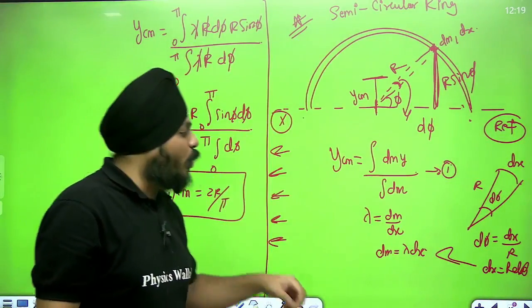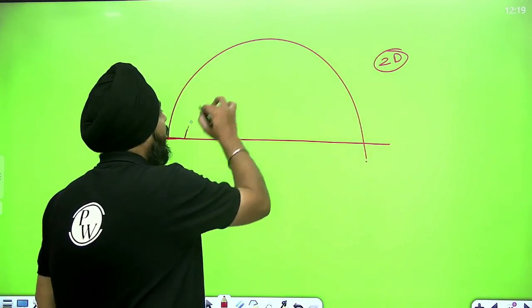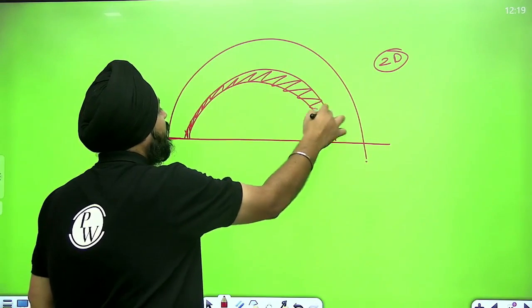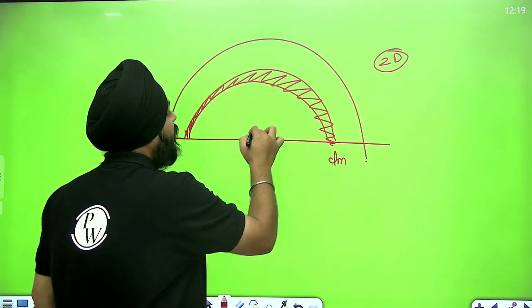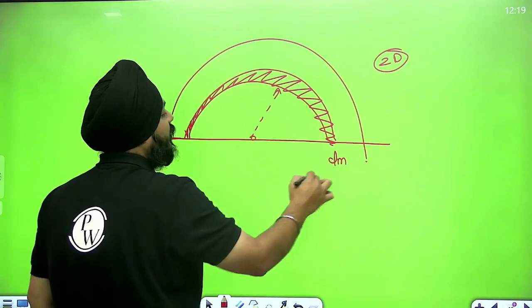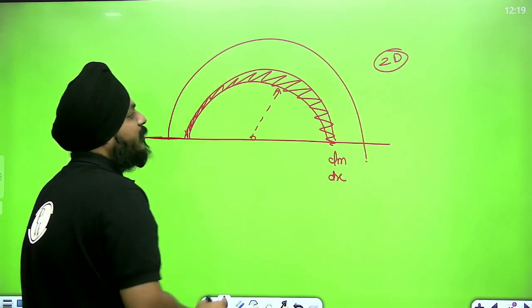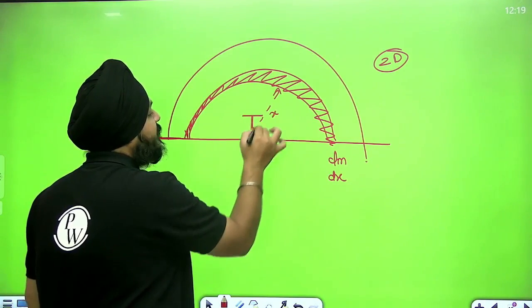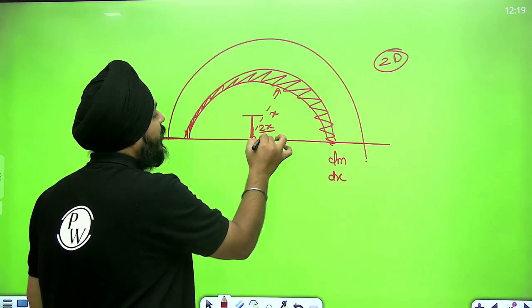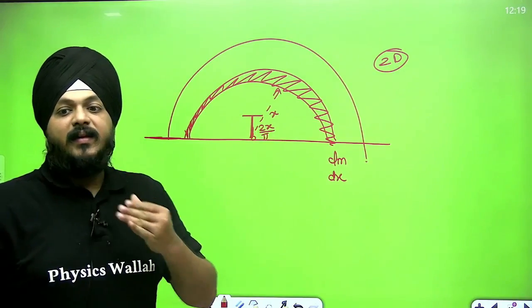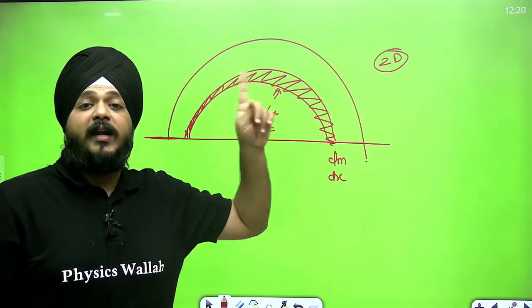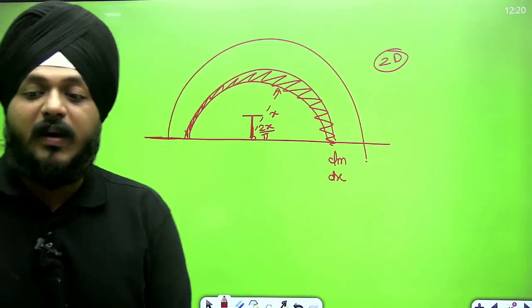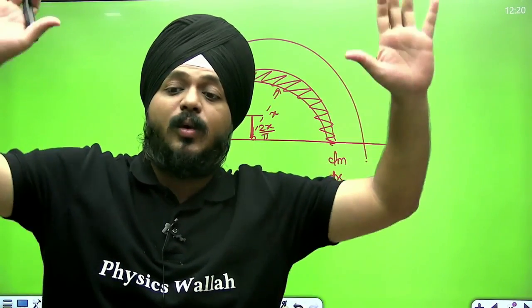So we are going to take the elemental mass as a ring of mass dm and width dx. The center of mass of the ring of radius x is going to be 2x by pi. So the selection of the elemental mass in a continuous body plays a pivotal role.